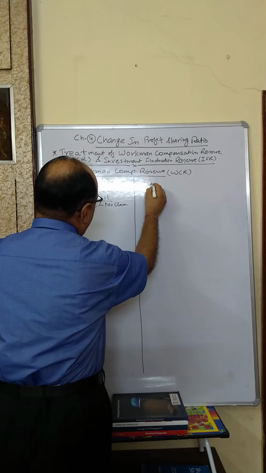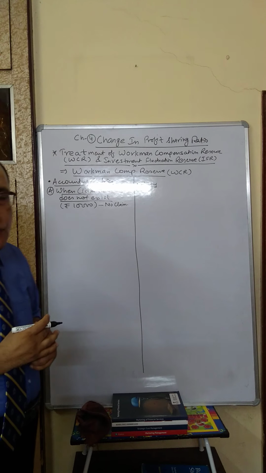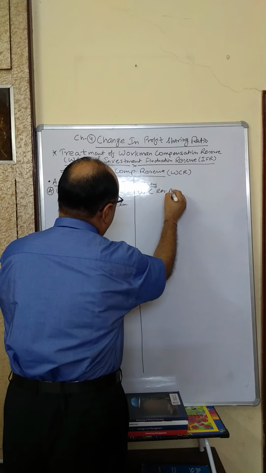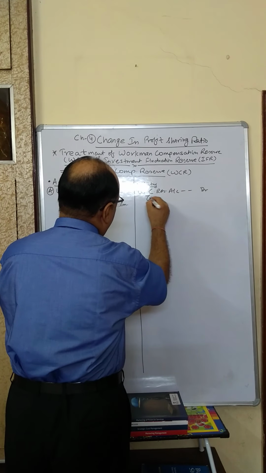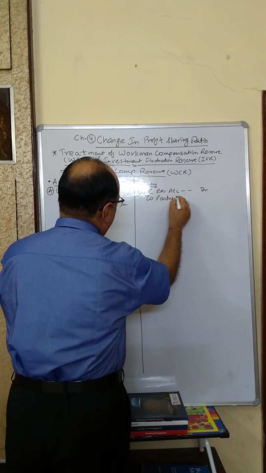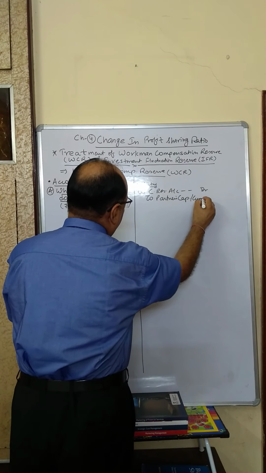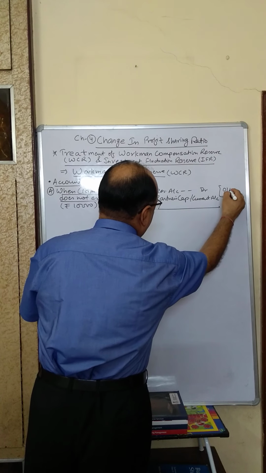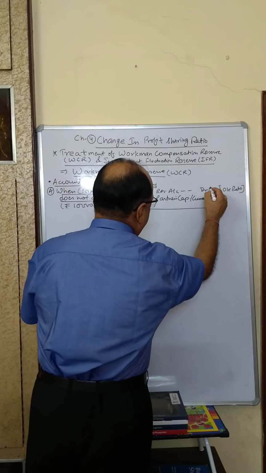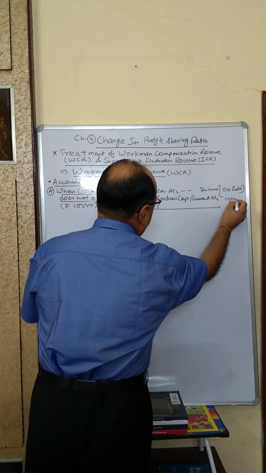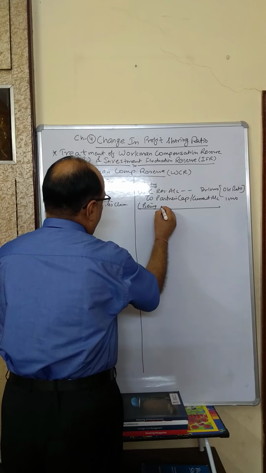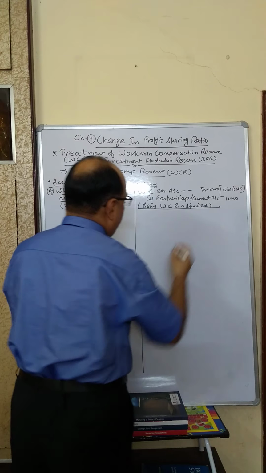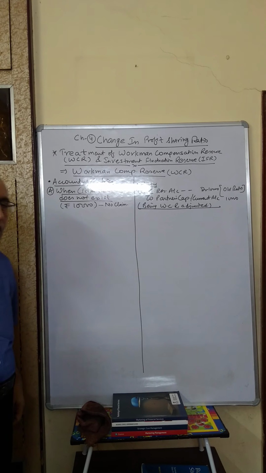So the entry will be WCR account debit to partners capital or current account. It will be in the old ratio. It means 10,000 debit, 10,000 credit, being WCR adjusted.